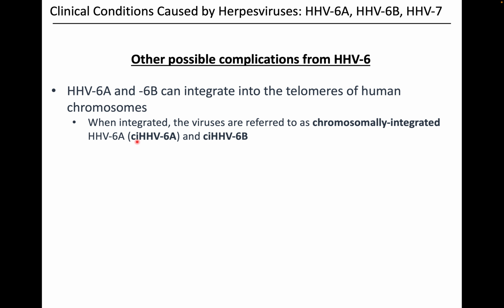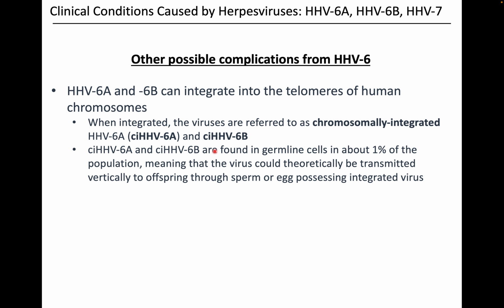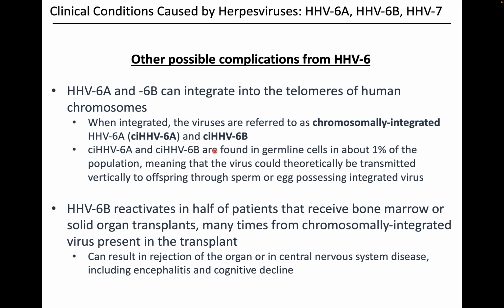So CI-HHV-6A or B. And that obviously implies that, well, if it's in the human chromosome, that could be passed through sperm and egg, right? So you could actually have that virus as part of your genome at birth, that you got from mom or dad.